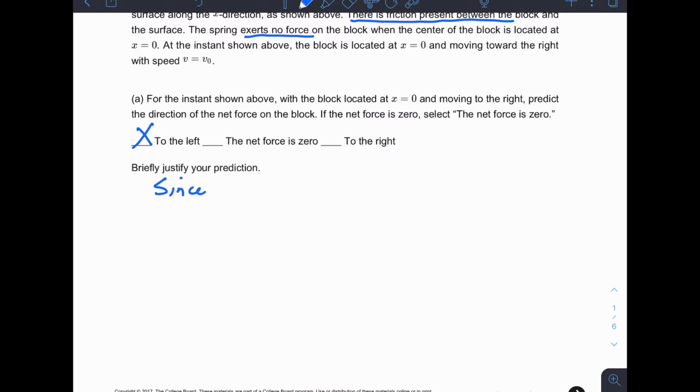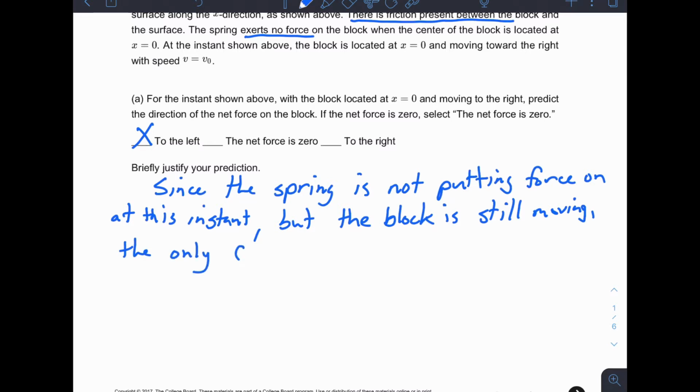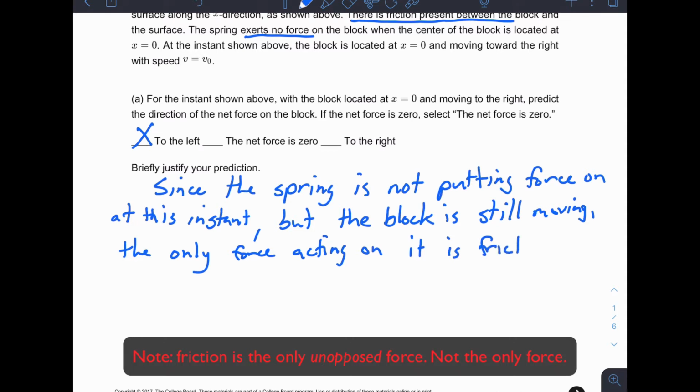So, since the spring is not putting force on the block at this instant, but the block is still moving, the only force acting on it is friction, which is in the opposite direction of motion.